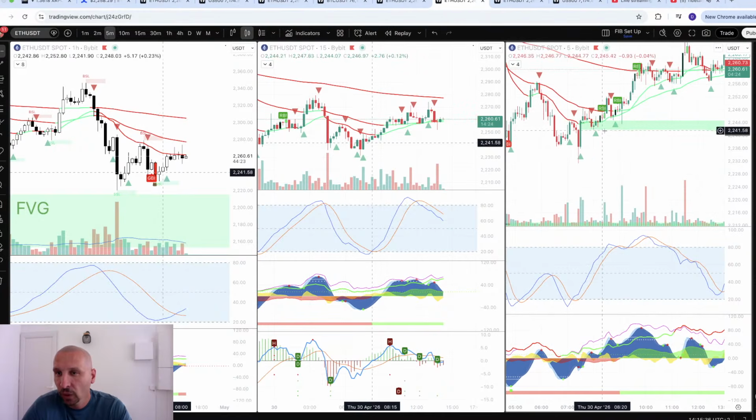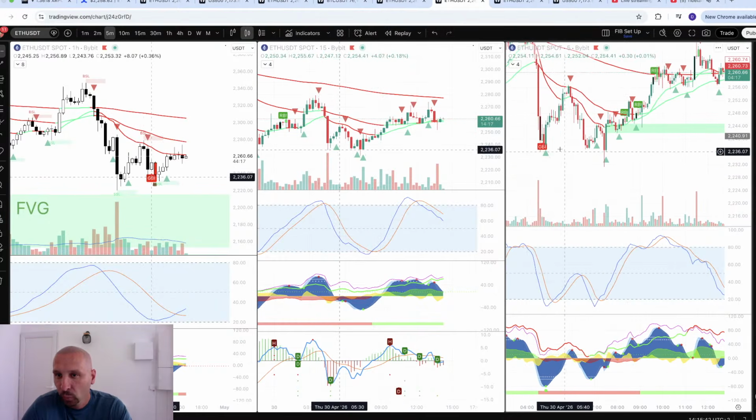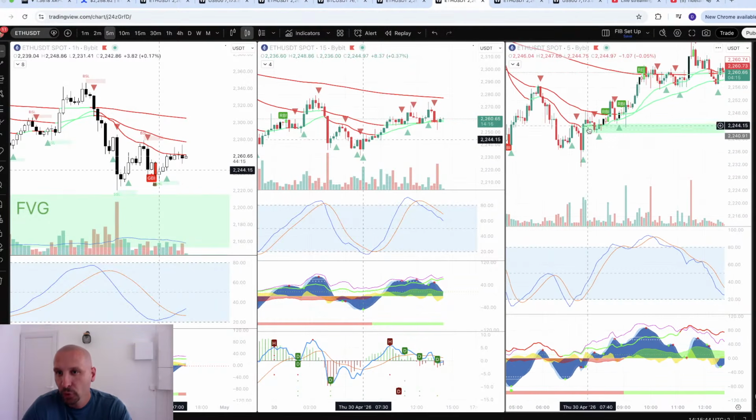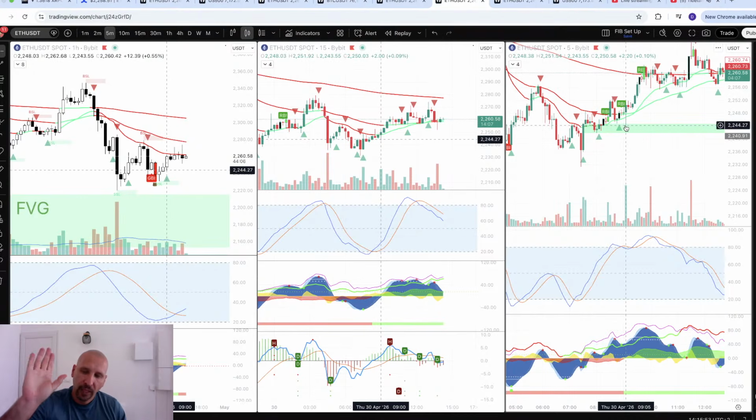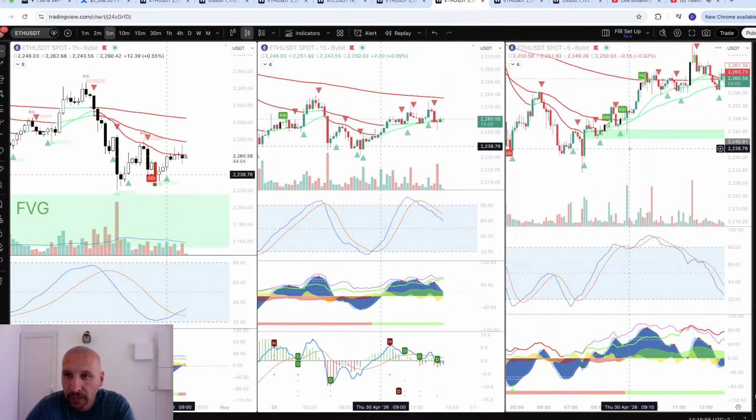It came into our fair value gap. This candle. We had a big raid on liquidity, big push up, fair value gap. It came back once, and then just another time, twice, with a wick and up. There was no reason here to be short. This is what I'm trying to show you here.